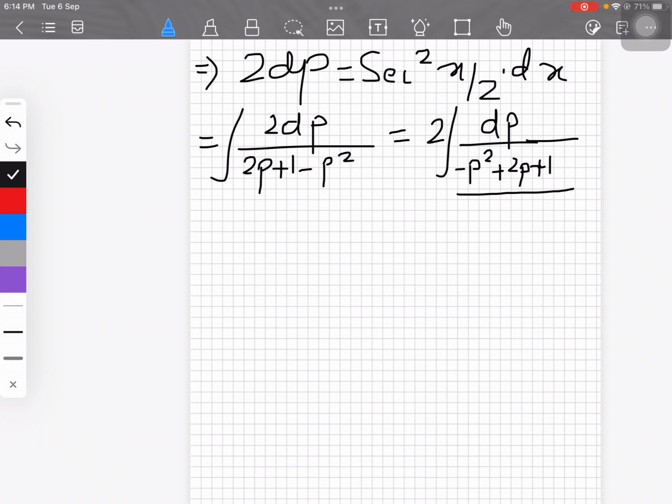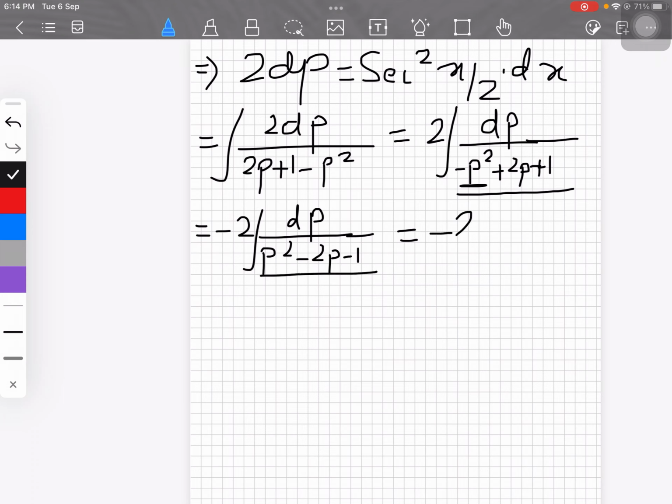Before that, let's take minus common so that the term containing power 2 is positive: minus 2 dp over p square minus 2p minus 1. This can be written as p minus 1 whole square minus 2.